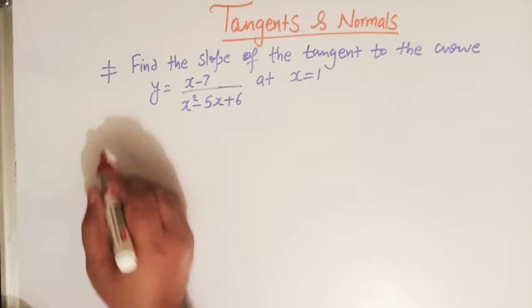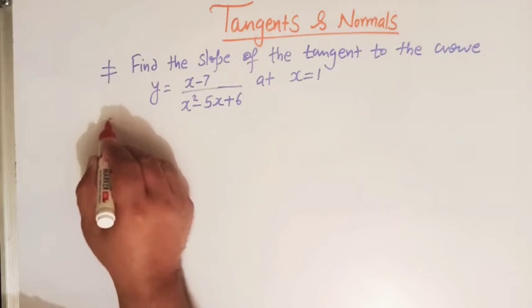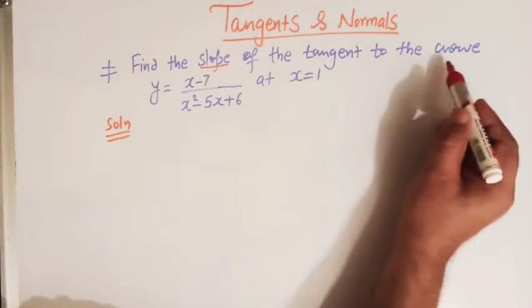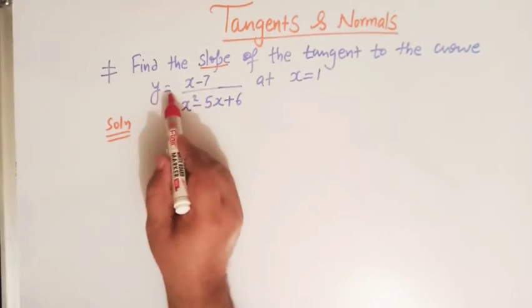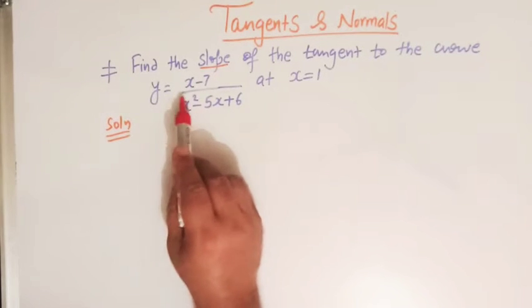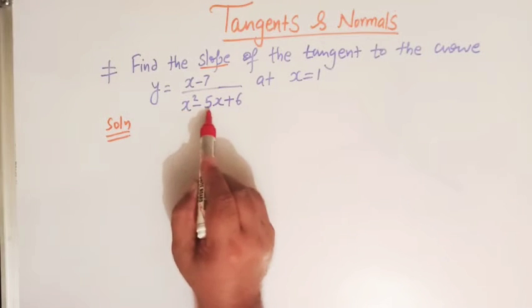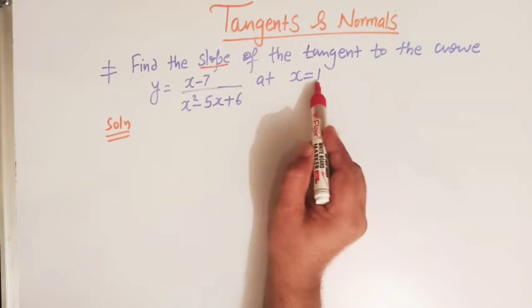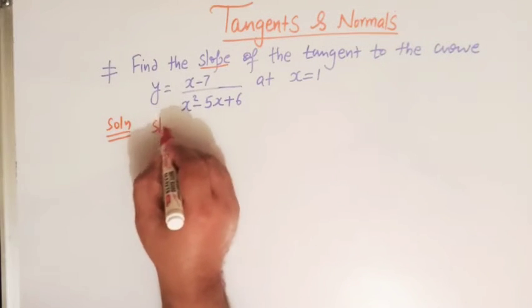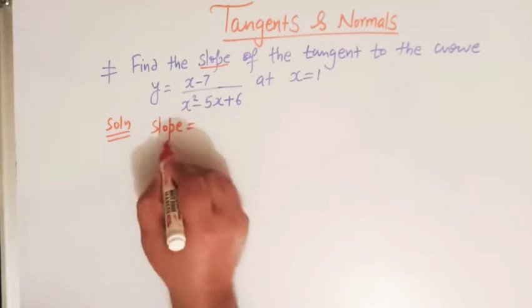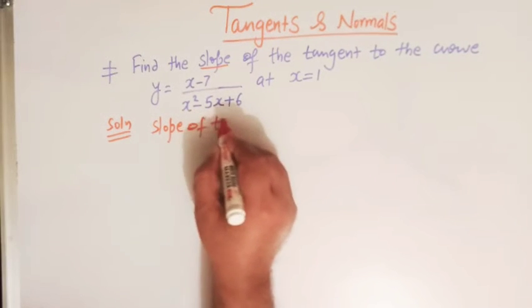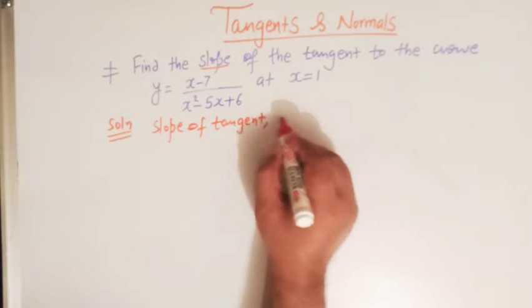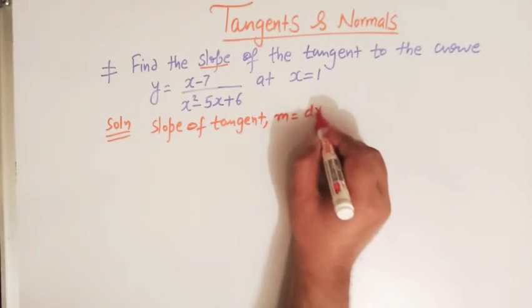Now viewers, let us take this problem. Here we have to find the slope of the tangent to the curve y is equal to (x minus 7) divided by (x square minus 5x plus 6) at x equal to 1. Now we know that the slope of tangent is given by m is equal to dy over dx.